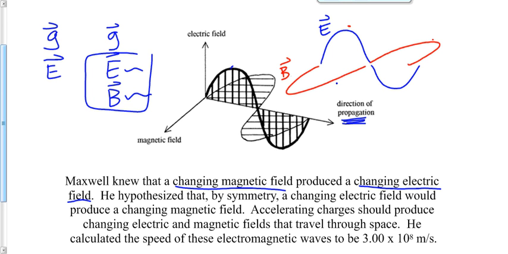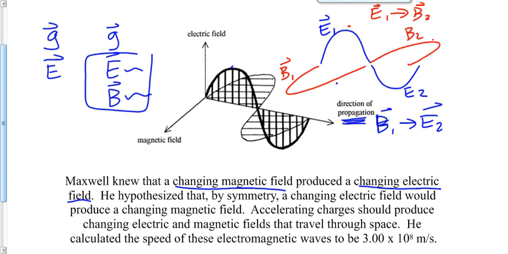So a changing electric field, we'll call it E1, produced a changing magnetic field that we'll call B2. And this changing magnetic field that we had, that we'll call B1, produces a changing electric field that we'll call E2. Does that make a little bit of sense?